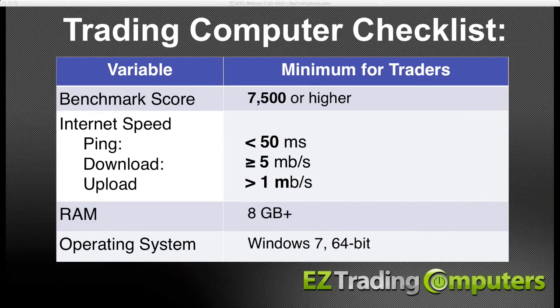Windows 8 is not a huge improvement in terms of speed, and it is a big disappointment in terms of the user interface. People just don't like it. But we do sell computers with Windows 7 or 8. It's totally the trader's decision on that one.